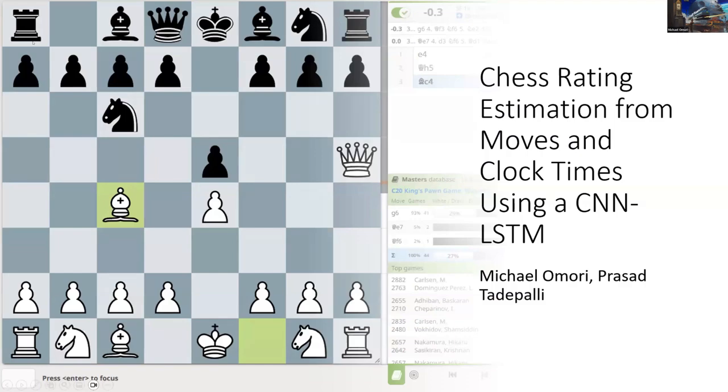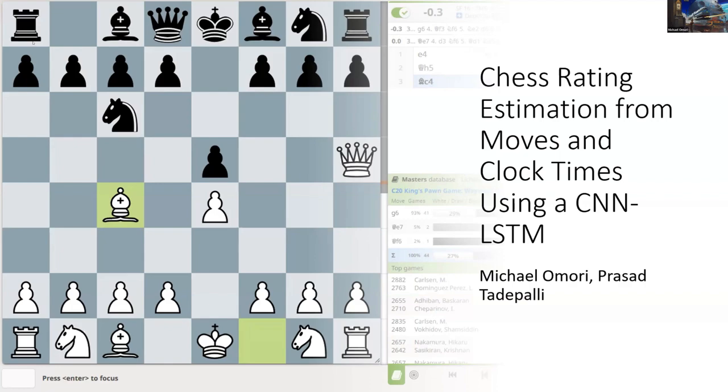So yeah, I'll be talking about chess rating estimation from moves and clock times using a CNN-LSTM. It's an interesting thing, and people have probably seen streamers try to guess the elo from moves, and it's pretty hard. You can see from this position, white is playing the classic scholar's mate, and you might think it's a pretty beginner opening, and it is.